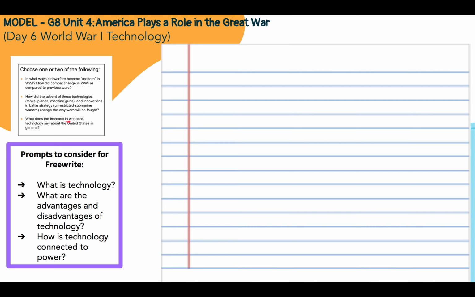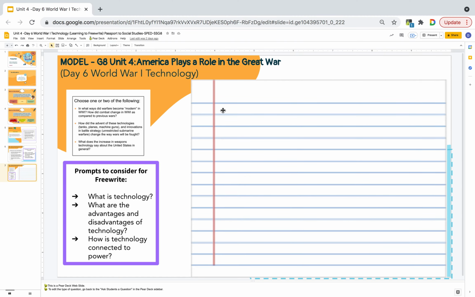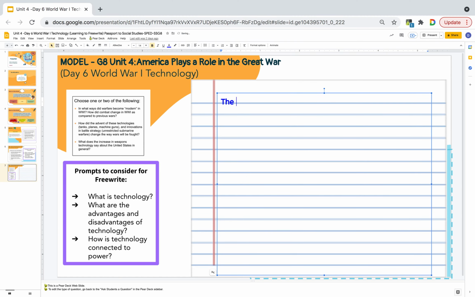What does the increase in weapons technology say about the United States in general? So the increase in weapons technology says that the United States in general spends a lot of money on defense.